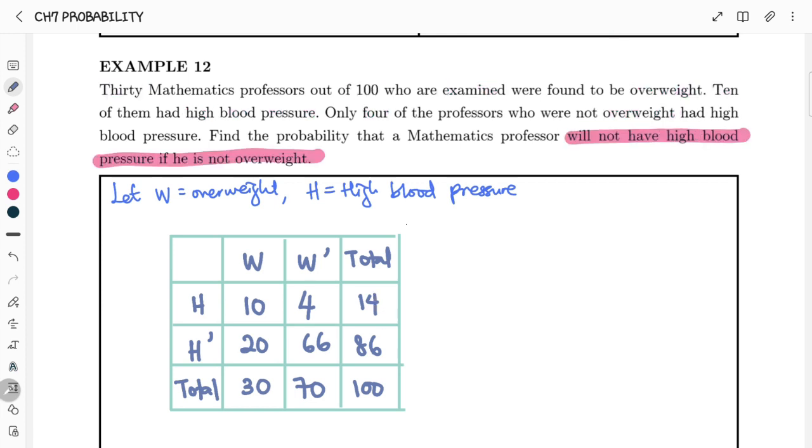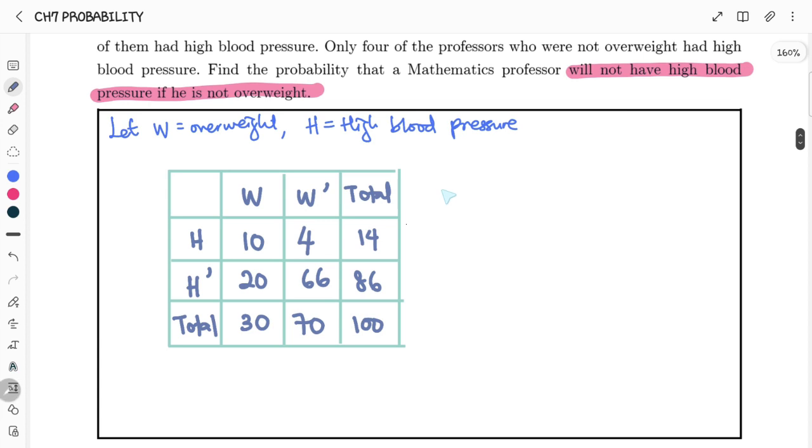So the question is asking us to find the probability that a mathematics professor will not have high blood pressure if he is not overweight. The keyword here is if he is not overweight. So it is known that he is not overweight. So this is a conditional probability.